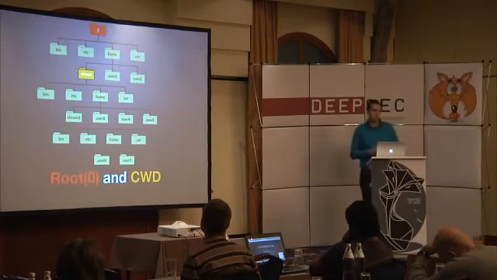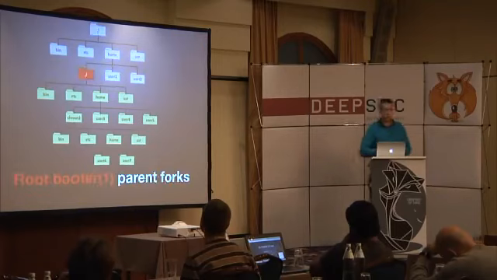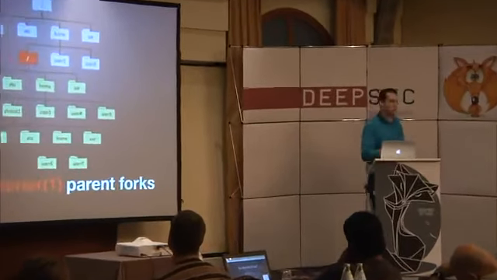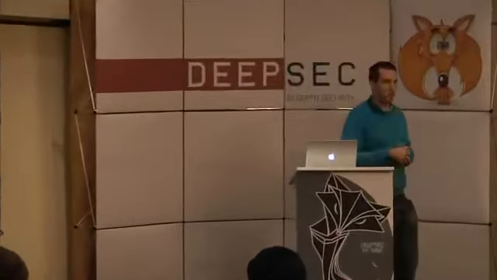So this is the original file system, and we are enclosing our process in that directory, so it won't be able to see anything outside, but we want to break out. What we are doing here is running our process, which will fork another process, which will be a child process.